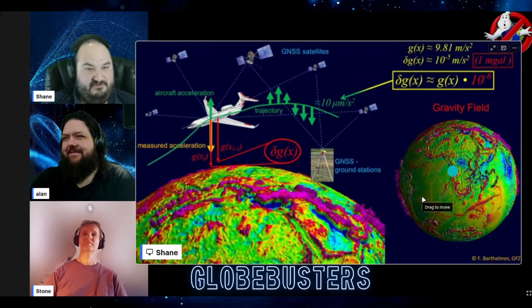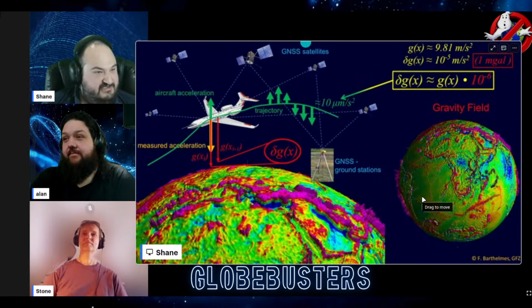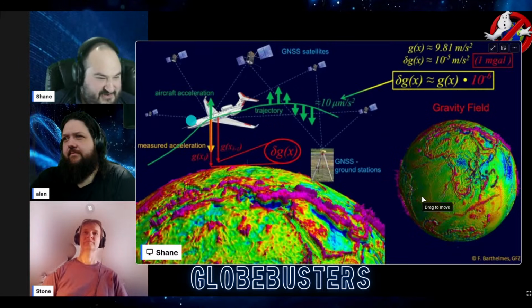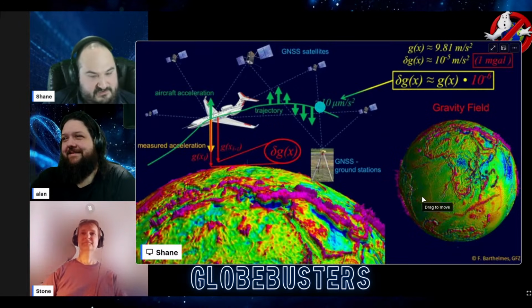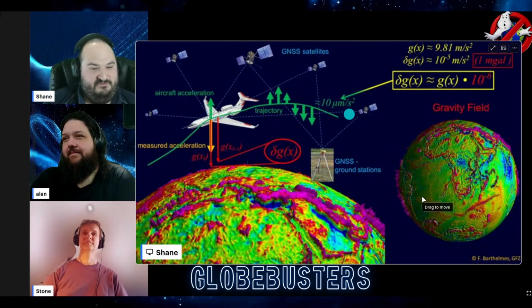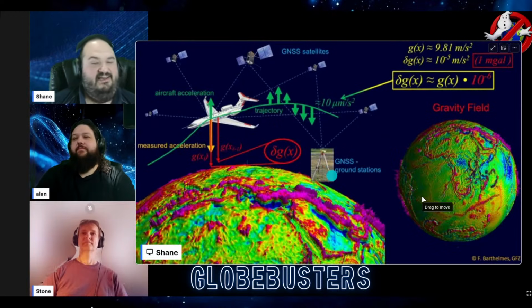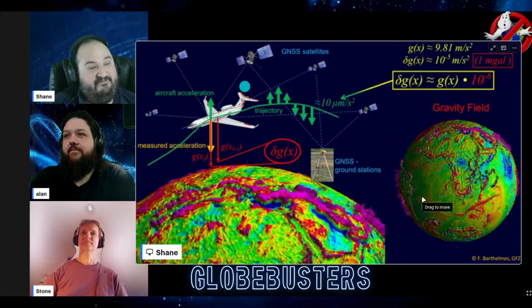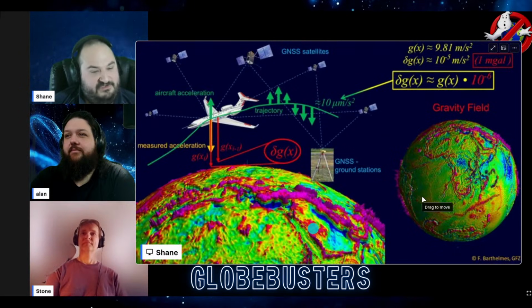This is how we're measuring Earth's gravity field with our GNSS satellites and our relay stations, measuring our trajectory over the ellipsoid by perpendicularly subtracting our vector-added 10 meters per second squared downward, coinciding with our GNSS ground stations and pinging our satellites up above, all of course running on WGS84.